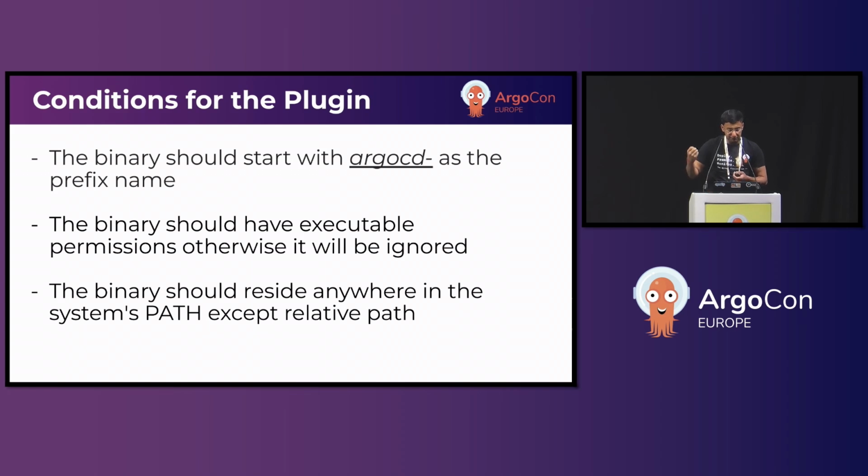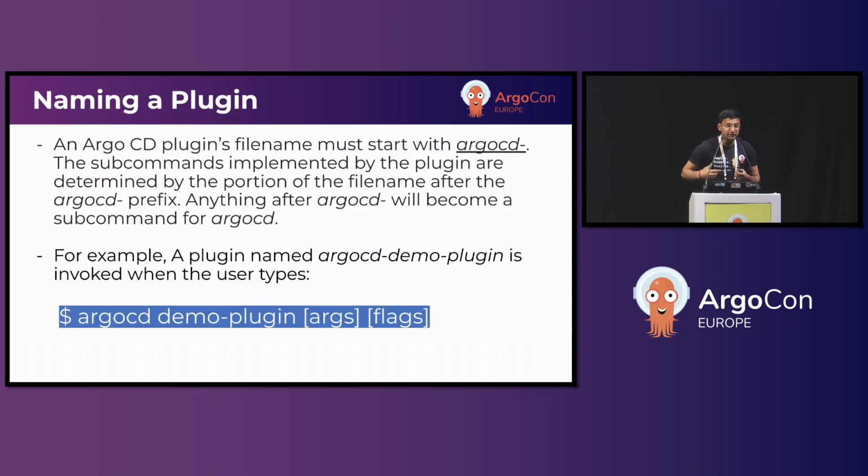The third thing is that the binary should reside in your system's path. For example, if you put your binary argocd-demo-plugin in a relative path, that's not going to get executed. But if you put it in your system's path, it's going to get executed. All right. This is very important, how you're going to name your plugin.